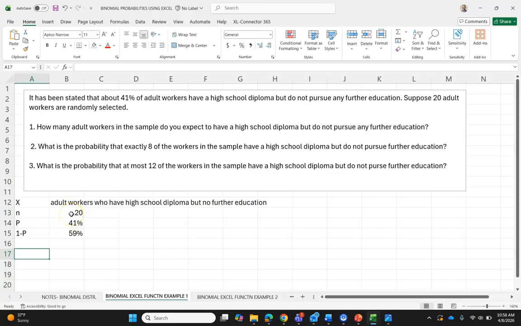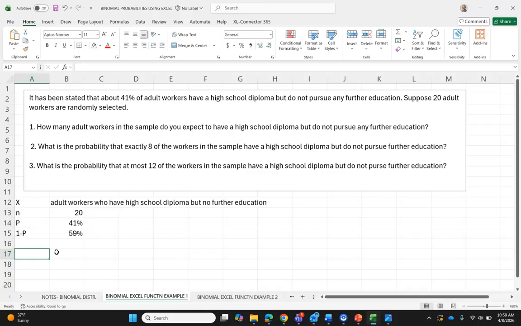Each trial is independent of the other, meaning that these 20 adults are selected randomly, so when one person is selected, the selection will not determine the next selection, and so forth. So we can say that this satisfies the binomial distribution characteristics.